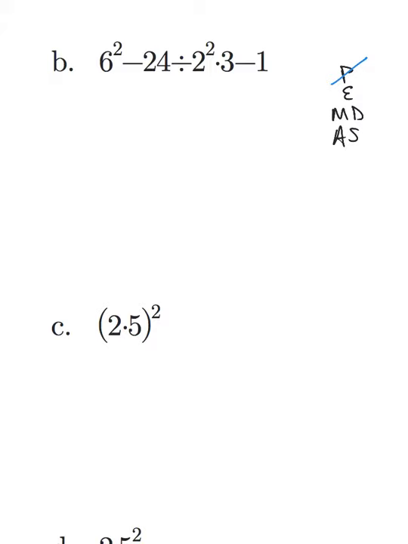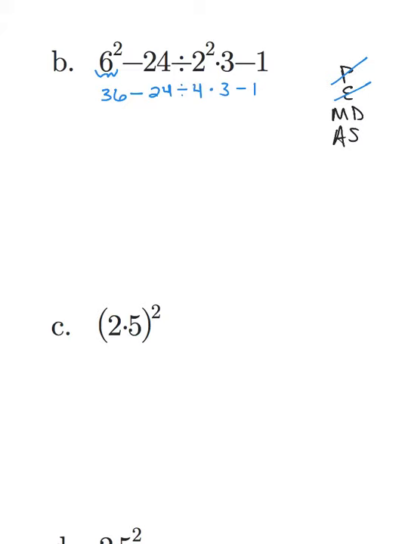So I want to calculate the 6 squared. 6 squared, remember, is 6 times 6, which gives me 36, minus, I'm going to bring down the 24 because we don't need it yet. 2 squared is 4, 2 times 2 is 4, times 3 minus 1. So that takes care of my exponents.